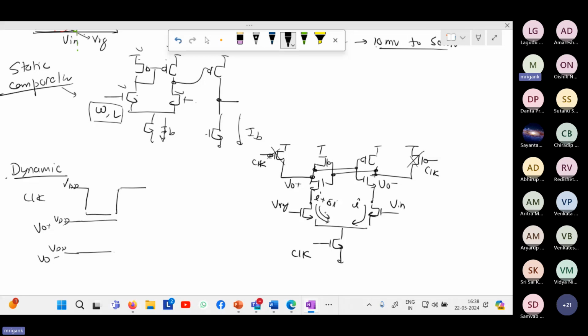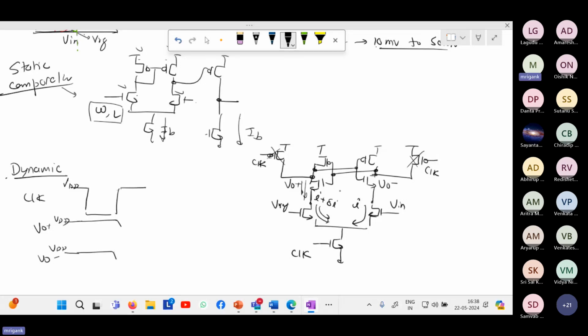Now, what is the effect of these two cross-coupled inverters? When this current is flowing in this inverter, initially both the voltages will try to go down, because the lower device is turned on and has started sinking current. But which one will go down faster?